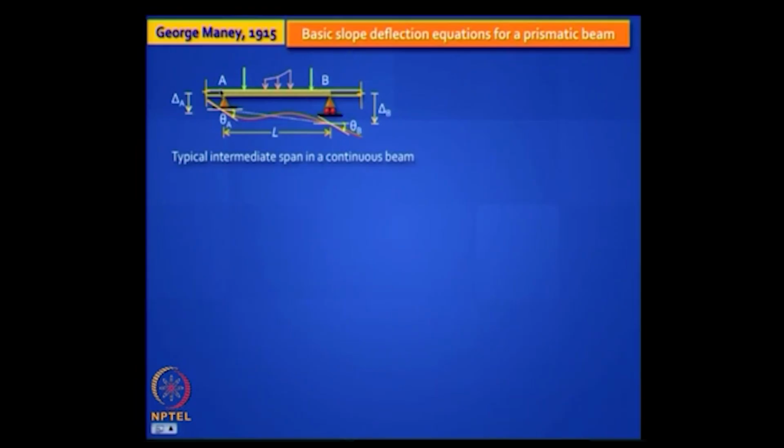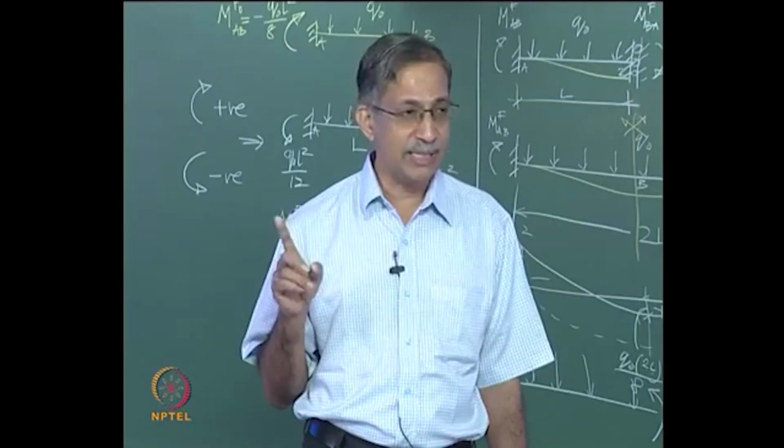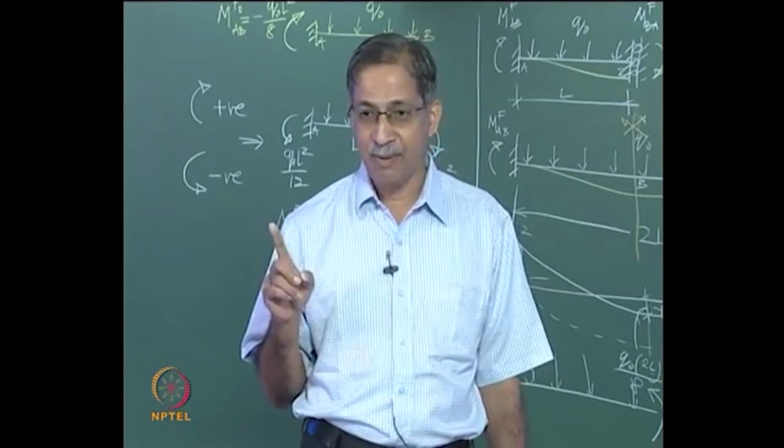Let us also assume that this support deflected by delta A and delta B, and let us say the deflected shape is this funny shape like this for the beam element AB. We are trying to preserve in this shape some sign conventions. Three sign conventions we have preserved for theta A, theta B and chord rotation phi AB, all are clockwise.